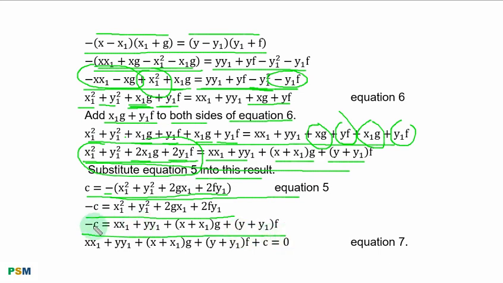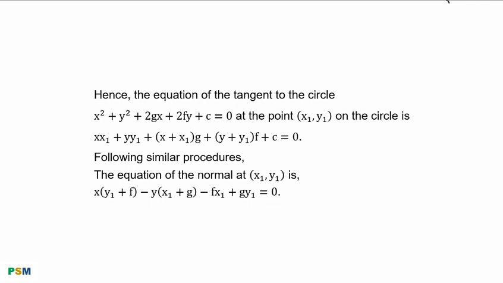Now, if you transfer minus c to the right hand side, it becomes plus c. So the whole equation is equal to 0. We have equation 7.